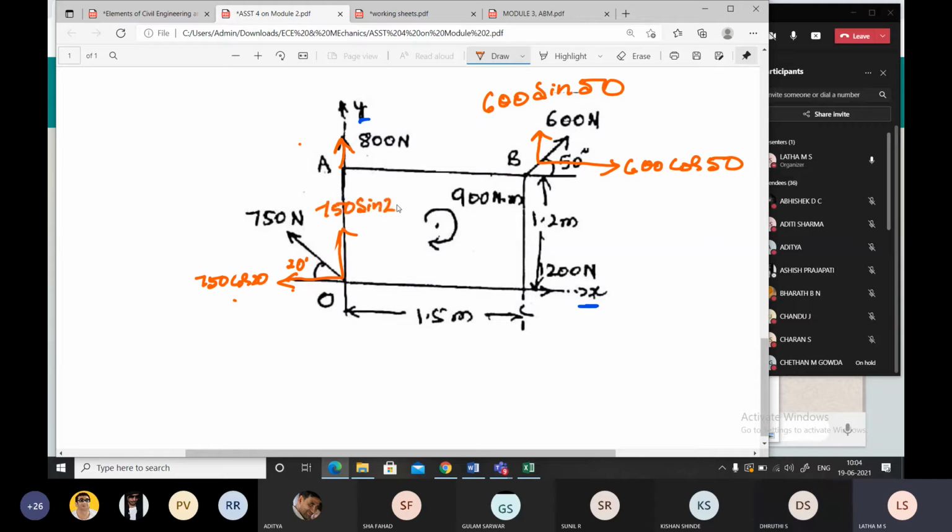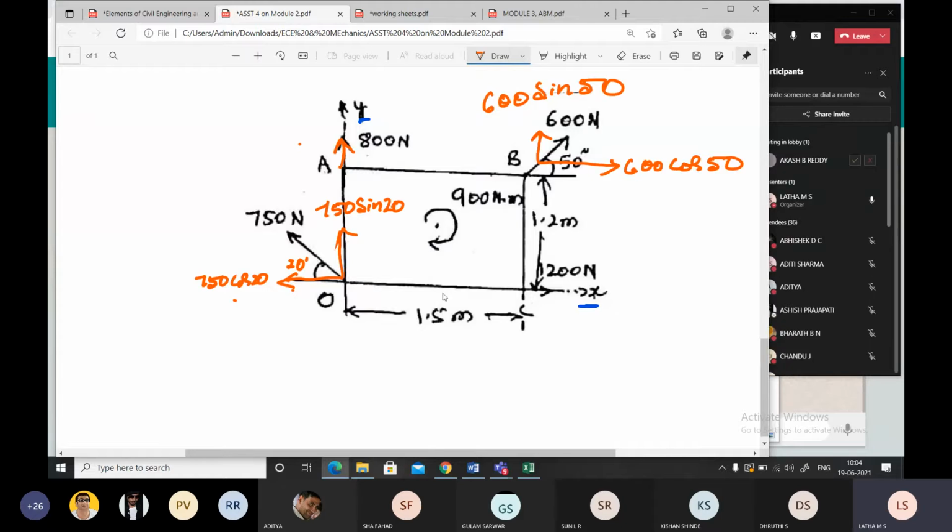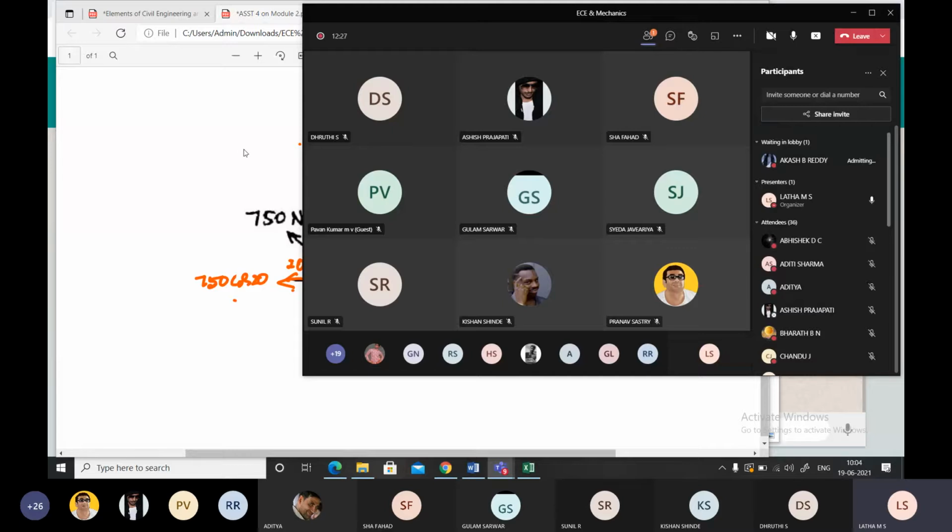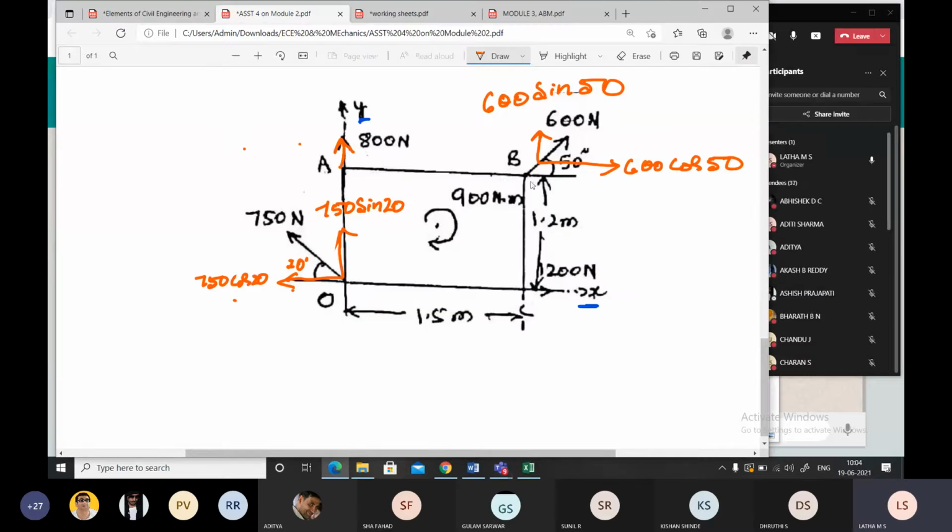Okay. As of now, we'll resolve the components. So how many resolutions do you find? You find the resolution of two inclined forces. Right? There is one moment acting. This moment, students, listen here. This moment will not contribute to the sigma Fx and sigma Fy.